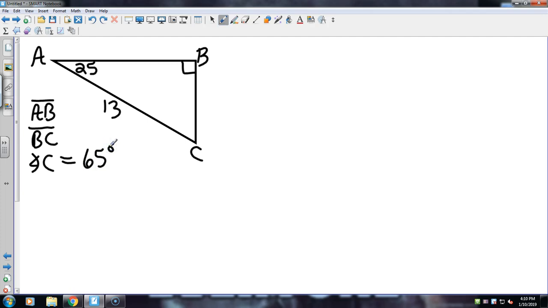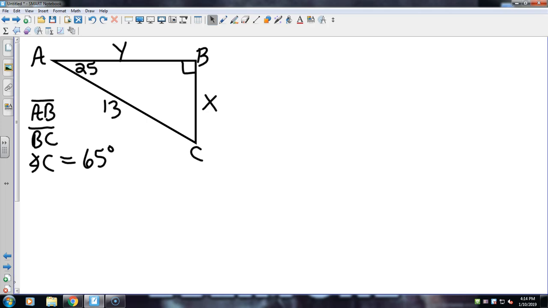Okay, and so now I need to use my sine, cosine, and tangent to be able to find those missing sides. So let's say I want to make this x, and I'm going to make this y. Let's start with angle A. We know it's 25.